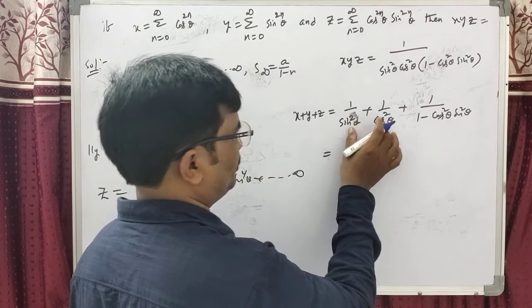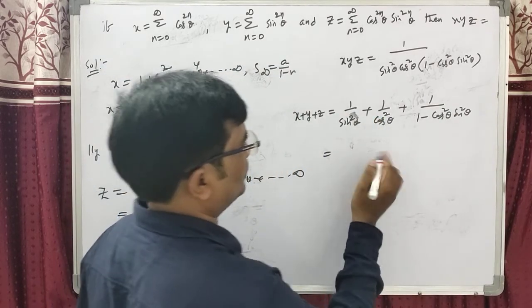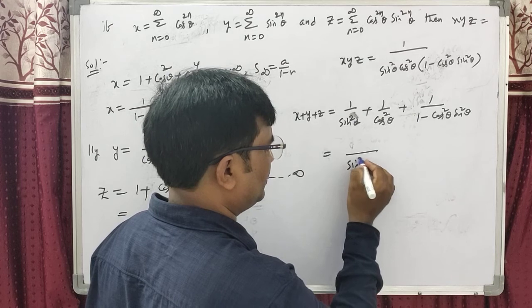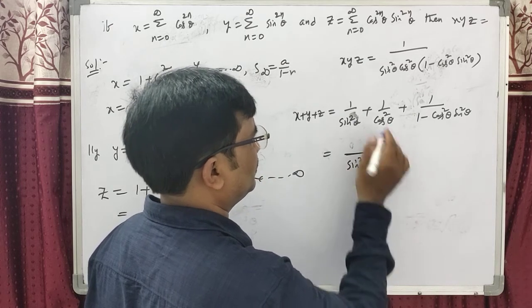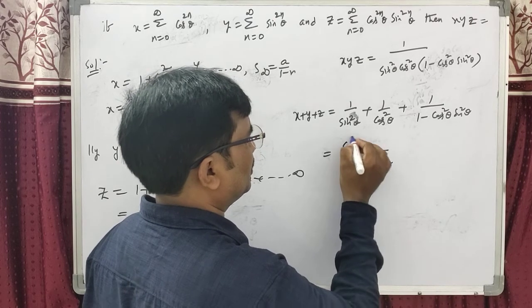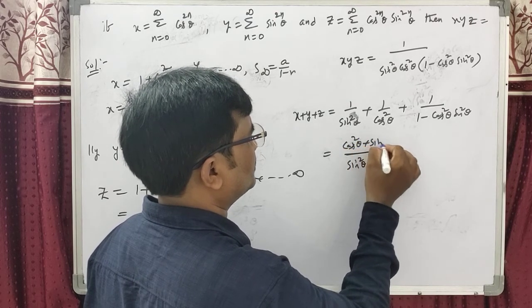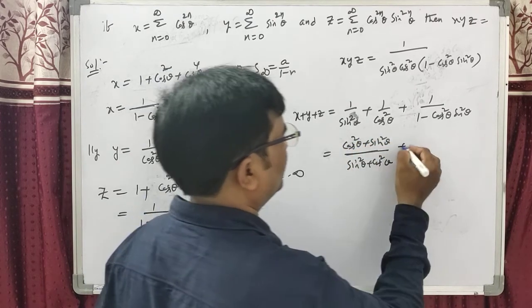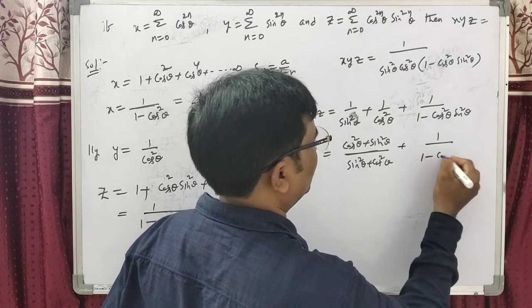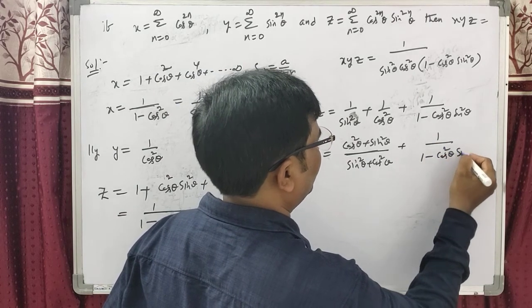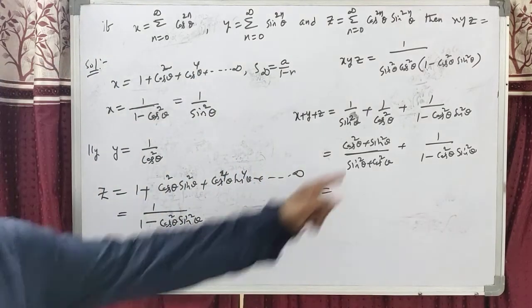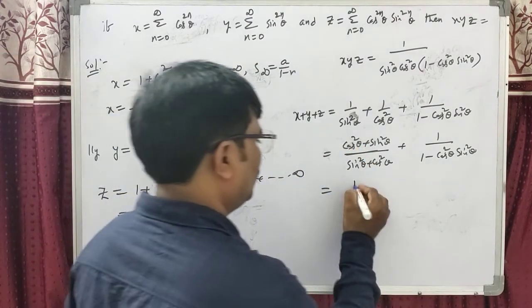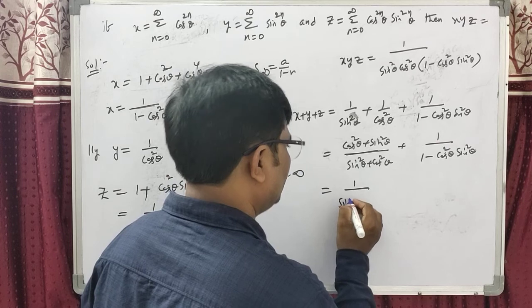First we take the LCM of the first two terms, which is sin square theta cos square theta. Then you can write cos square theta plus sin square theta. Okay students, what is the last one? 1 by 1 minus cos square theta sin square theta, with numerator 1.